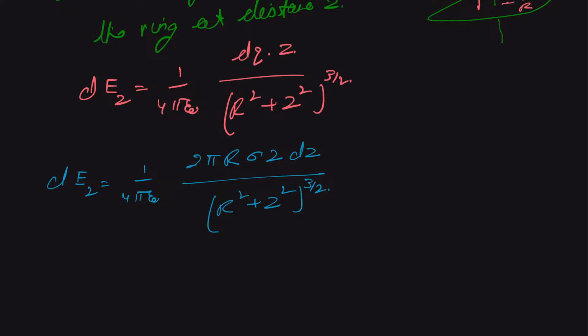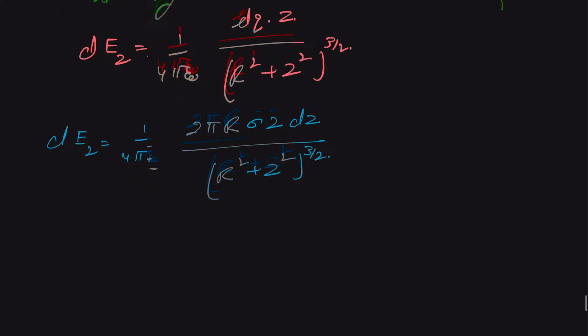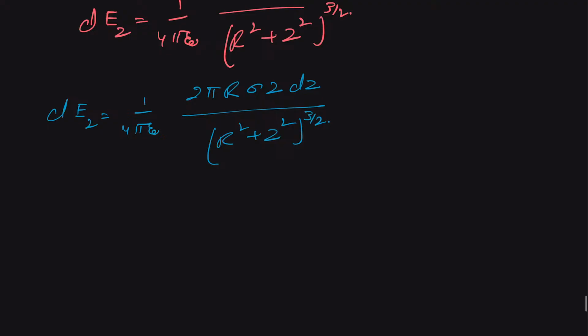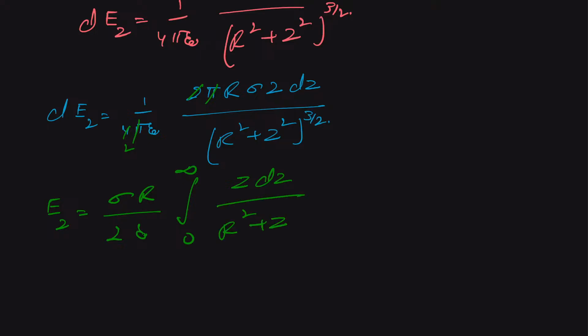Now we are going to integrate for its semi-infinite length. Therefore, we can take this pi and 2 goes by this, and we can take all the things outside. So we get sigma r upon 2 epsilon naught, integration 0 to infinity, z dz upon r square plus z square to the power 3 by 2.